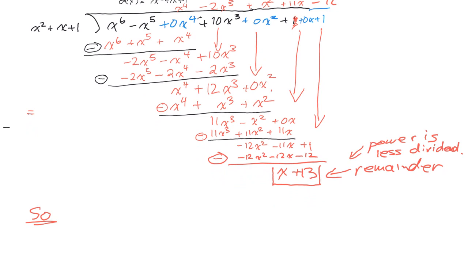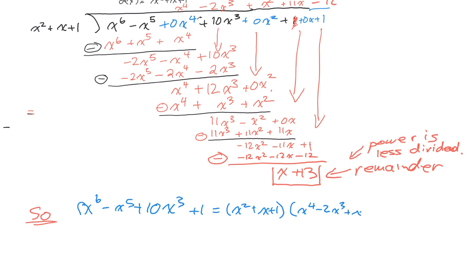All right, so f(x), we'll write this in blue. f(x) is just x to the 6 minus x to the 5 plus 10x cubed plus 1, which is equal to our divisor, x squared plus x plus 1, times our quotient, which is x to the 4 minus 2x cubed plus x squared plus 11x minus 12, and then plus our remainder, x plus 13.